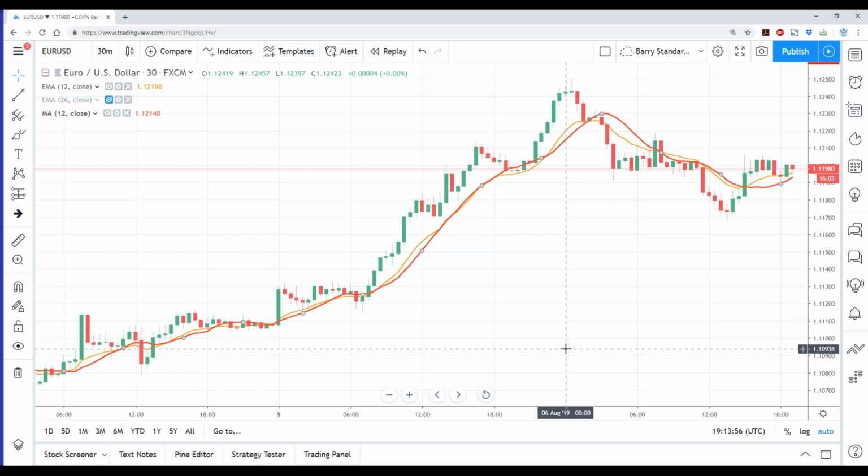I've also put on that chart a 12 period exponential moving average. Same calculations, but it's now an exponential, so it's giving more weight to the most recent time movement. You can see there's a variation between these two lines. Both are 12 period, but one's an exponential moving average and one is a simple moving average.